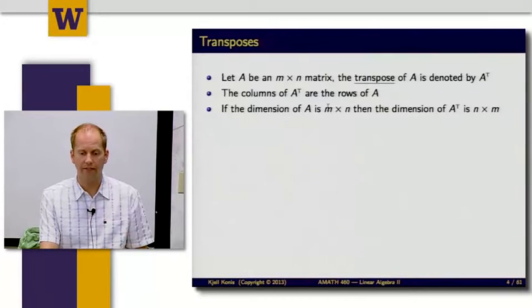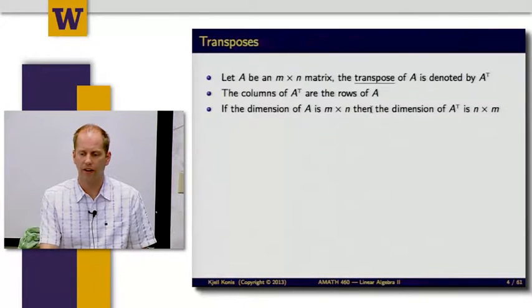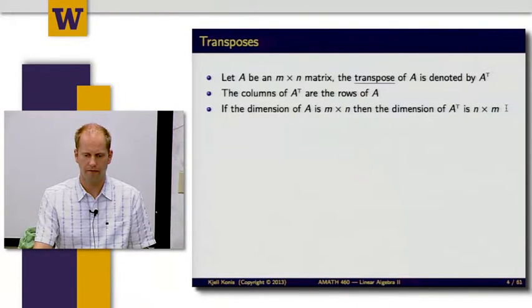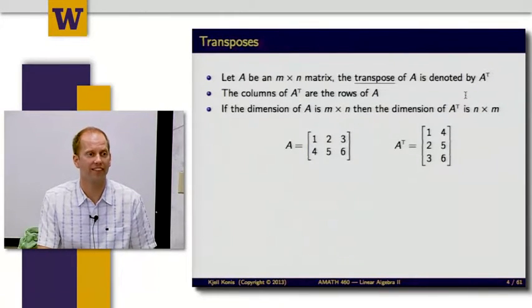And so if I do that, if the dimension of my matrix A is m by n, then if I swap the rows and the columns, the dimension of A transpose is going to be n by m. So here I had n columns. They become the n rows of A transpose. It's a pretty obvious thing to do.